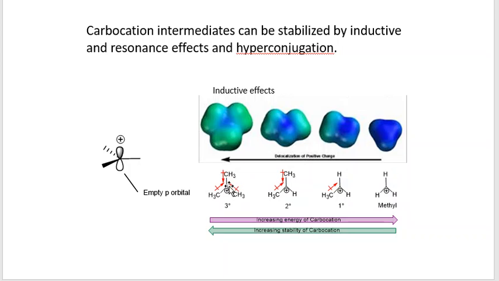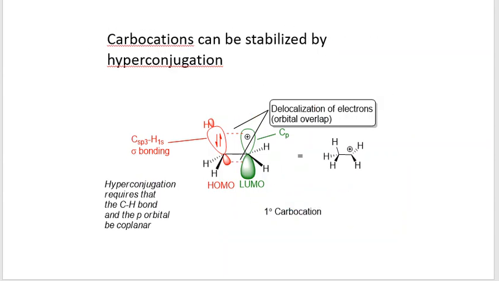And then the most stable is a tertiary carbocation. That's where you have a positively charged carbon that's bonded to 3 other carbons. As we go up here, those carbons are inductively donating some electron density, which stabilizes the carbocation.